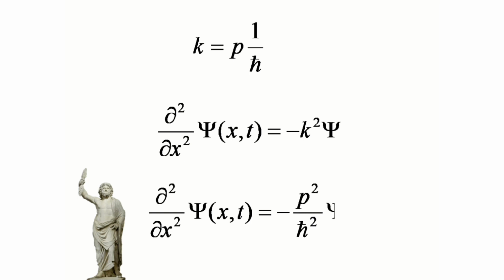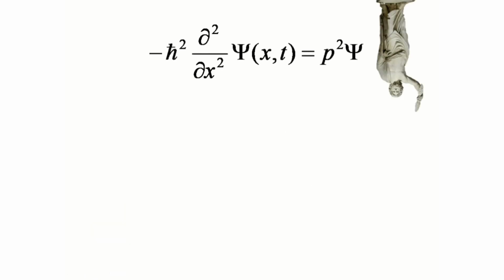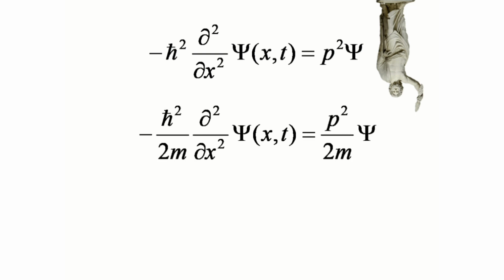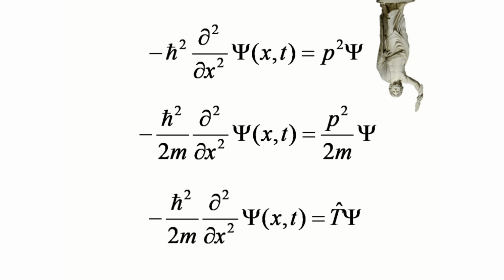After taking this value of k and putting it into this equation, we will get this thing. And now if I throw the minus sign and h bar square to the other side of this equation, I will get something interesting. After dividing by 2m, you can clearly observe that, aha, p square by 2m, it's the kinetic energy or kinetic energy operator. So now we can write the kinetic energy operator is the same as doing this operation.